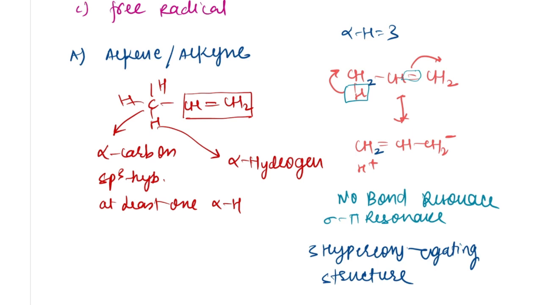So more number of alpha H, more hyperconjugating structures, more resonance, more the stability of alkene. So here we can identify the stability of alkene also.